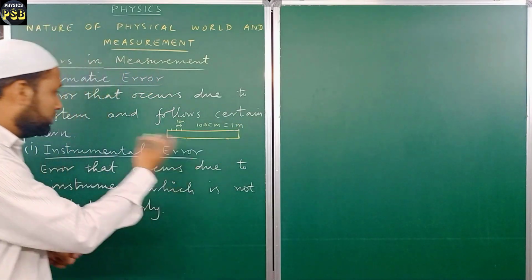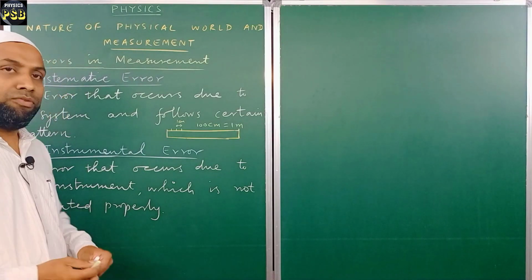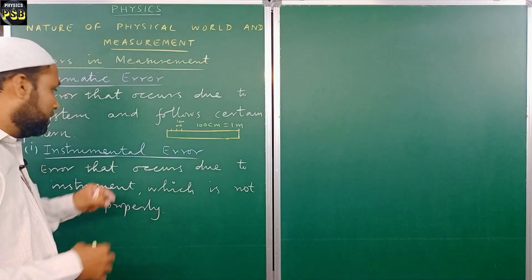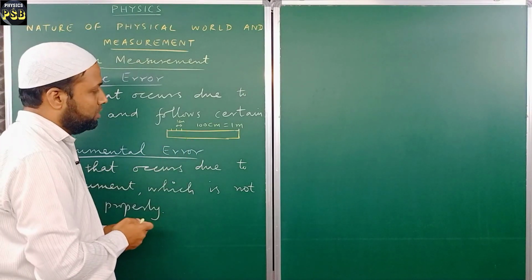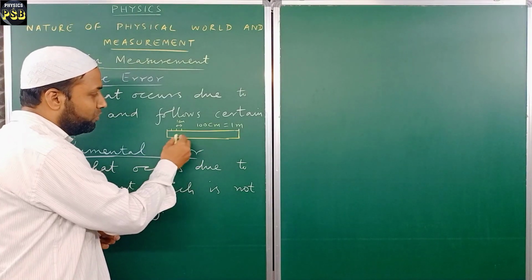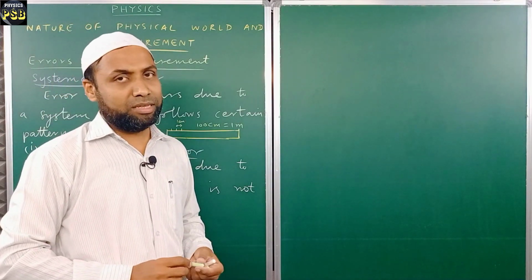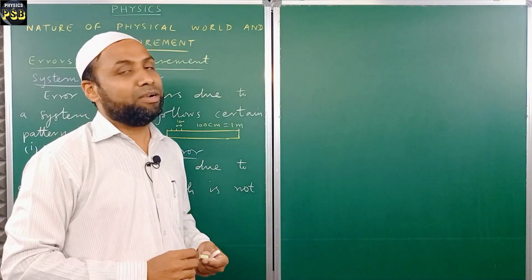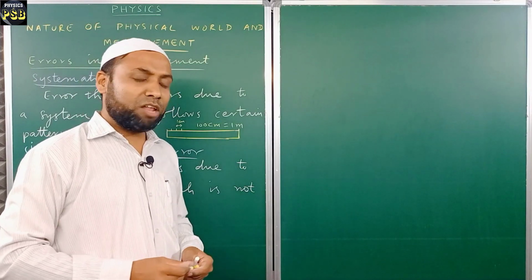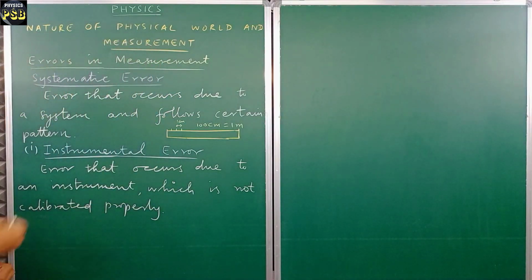This division or marking of an instrument is referred to as calibration. Suppose the distance between 1 or 2 points is not equal to 1 centimeter, it means such a scale is not calibrated properly. If you use such a scale for any experiment, then it will result in instrumental error.